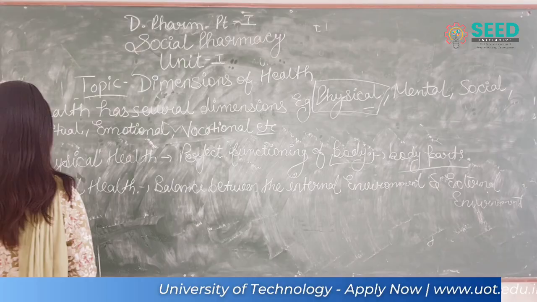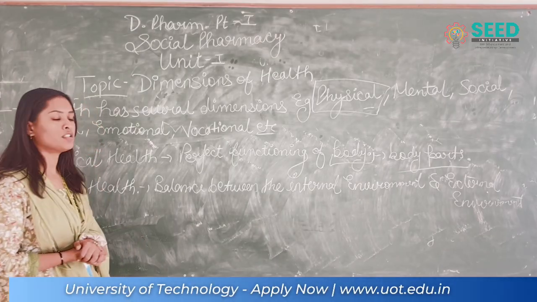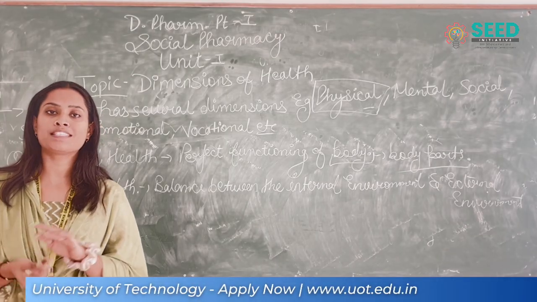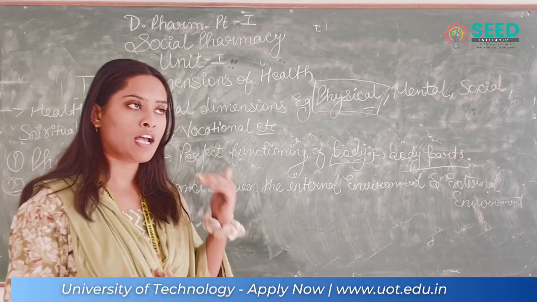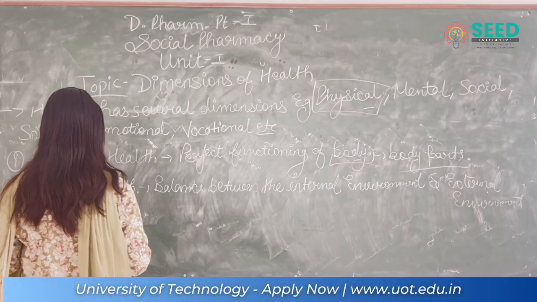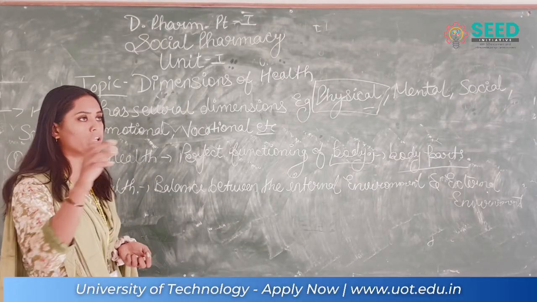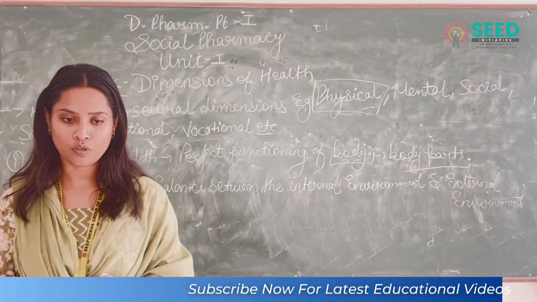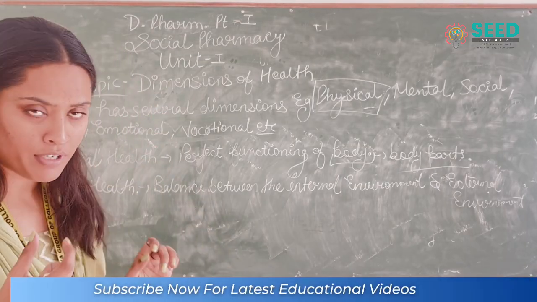First of all, what is the internal environment? The internal environment is the environment that settles inside our minds, inside our brains. That is known as the internal environment. And the external environment deals with the outer surroundings, the people around us. So it refers to the mind of individuals.